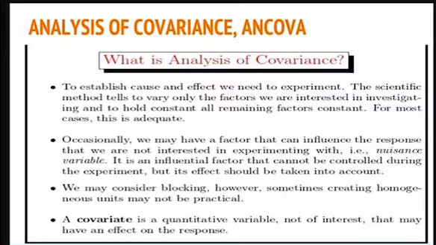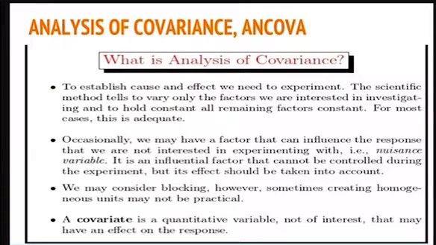Before I can use ANOVA, we've got to make sure there is no other covariate that could influence the response. I'm going to say that again. Before we can use analysis of variance, we're going to have an assumption: there's no other potential variable that could influence the response.